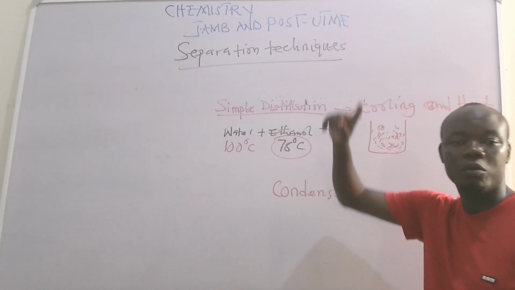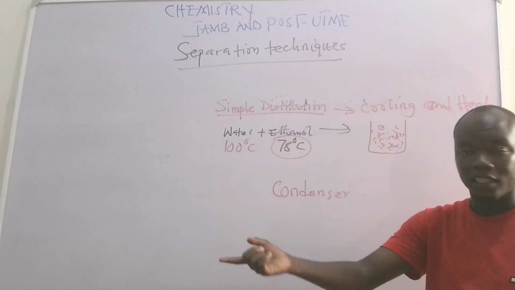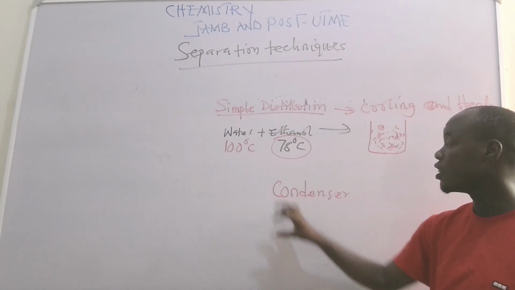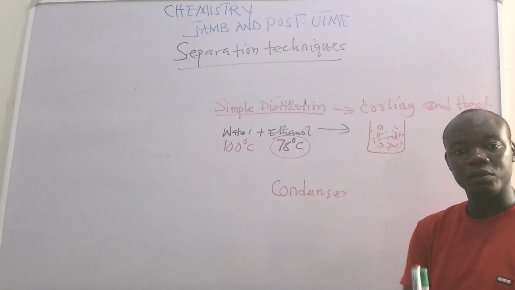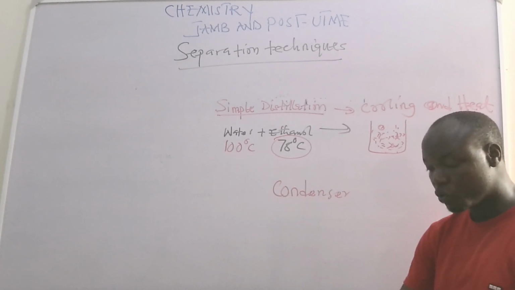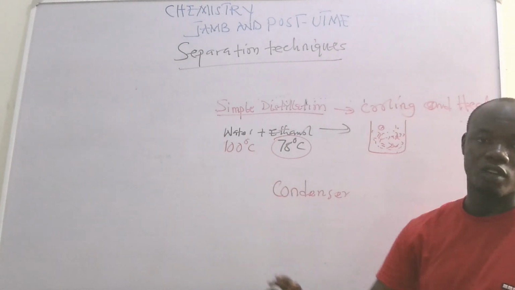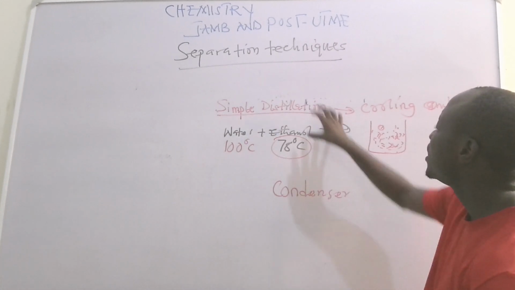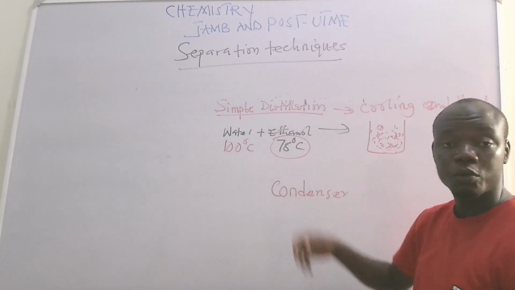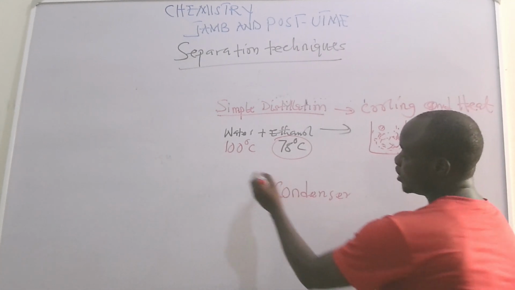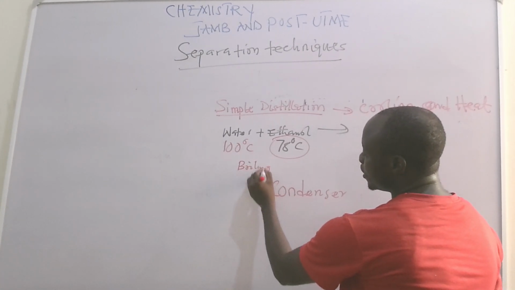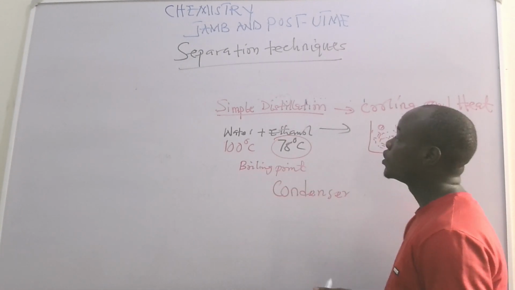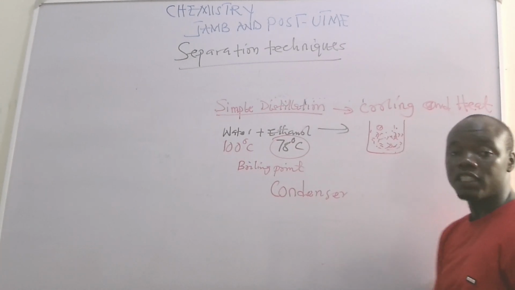Water will also evaporate when it reaches 100 degrees centigrade, and it will also enter the condenser, which will condense it. After it condenses, it is collected into another separate beaker or conical flask. And then you now have the two separate liquids. So in simple distillation, you are exploiting the differences in boiling points of the two liquids to separate them. So that is what happens in simple distillation.